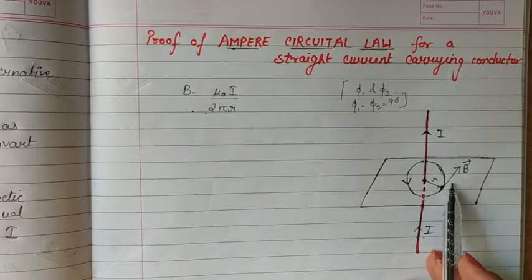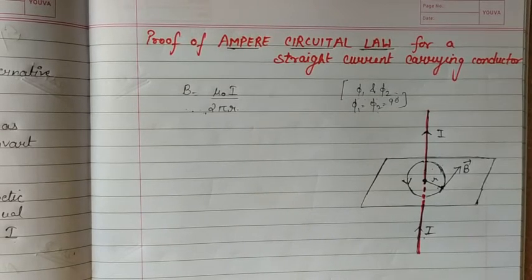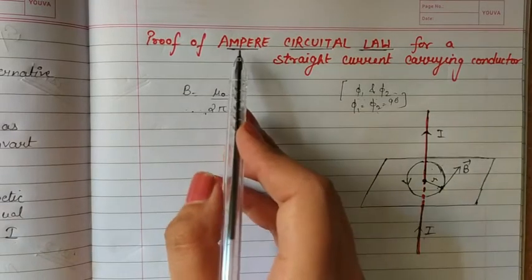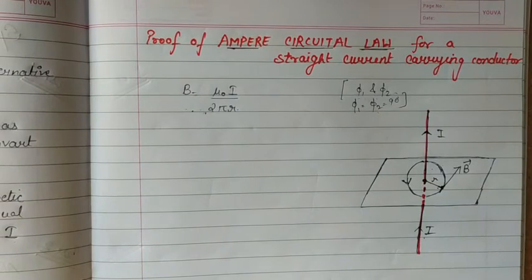Now, to evaluate the line integral of the magnetic field along this circle, we consider a small current element dl vector along that circle. As we are proving Ampere Circuital Law, we want to find the line integral of the magnetic field.